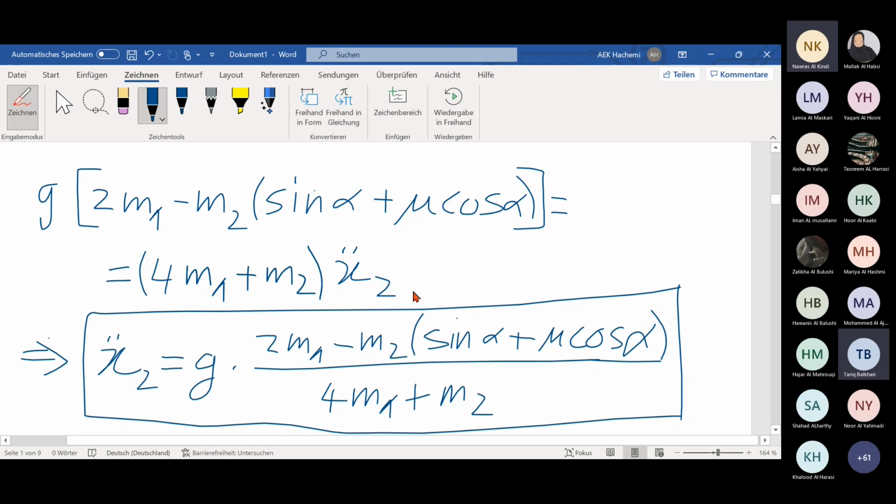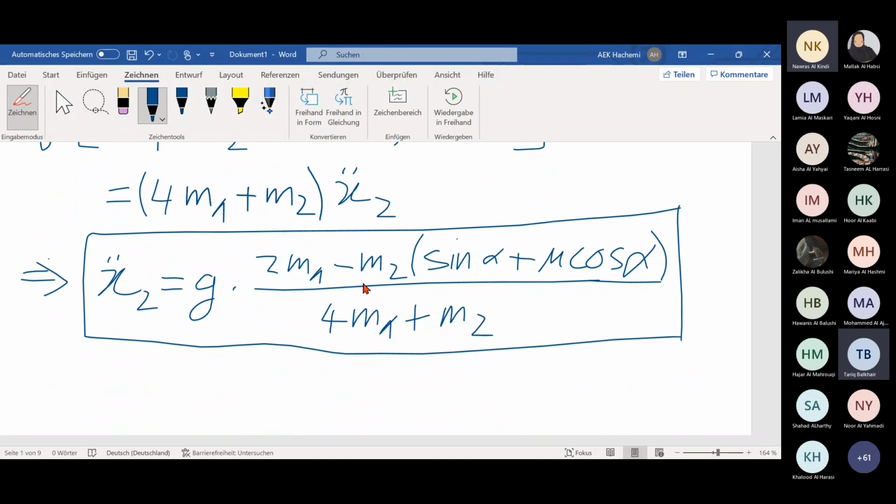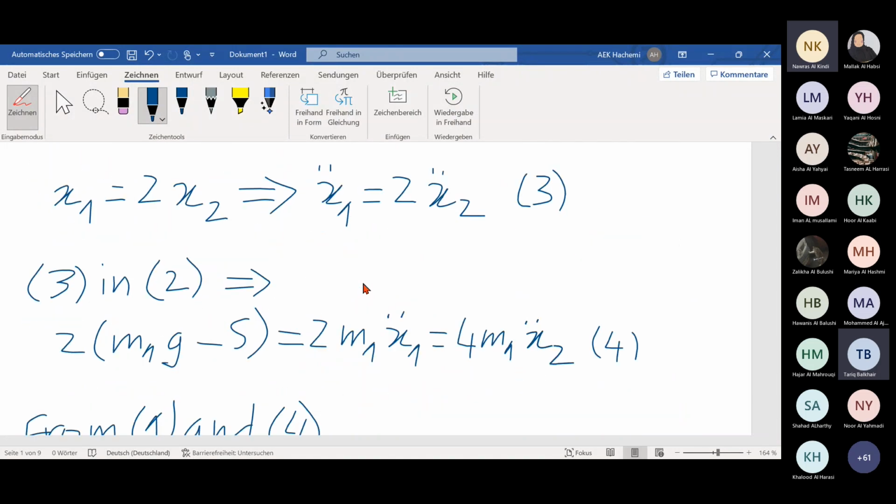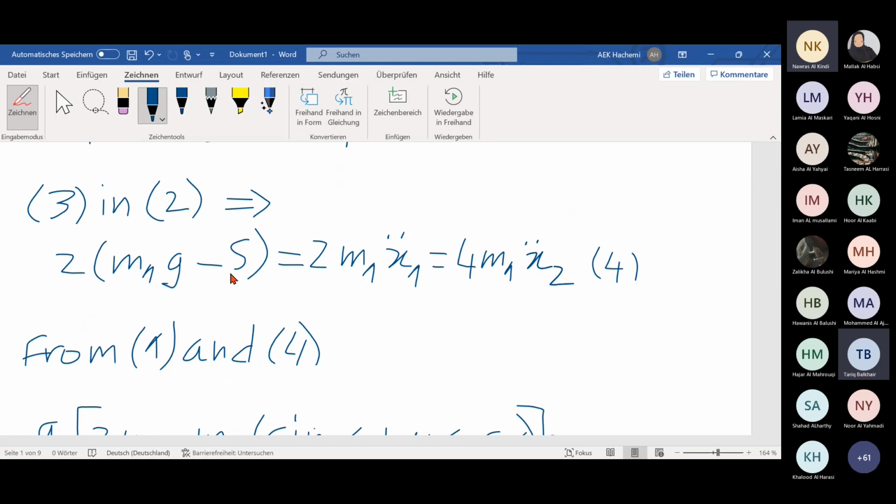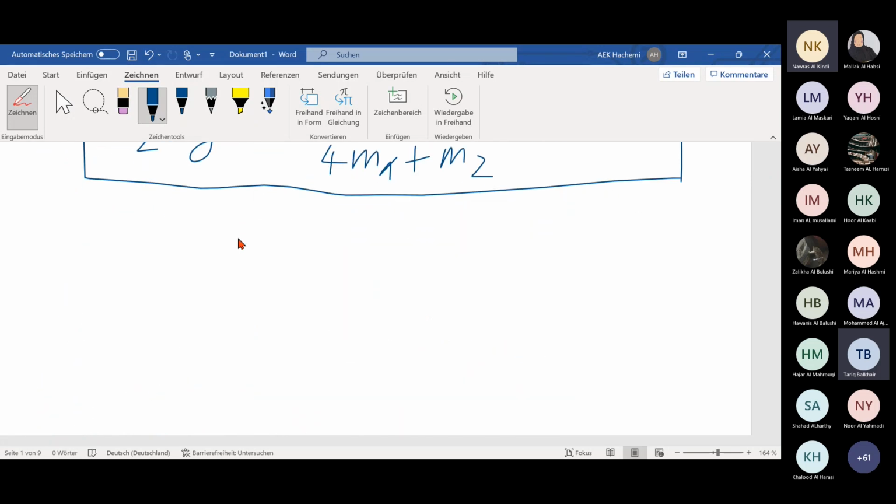Now if we look to the second question, this is the first question. The second one question, the cable force. That means we have to determine this force S. Now it said that we take two cases.